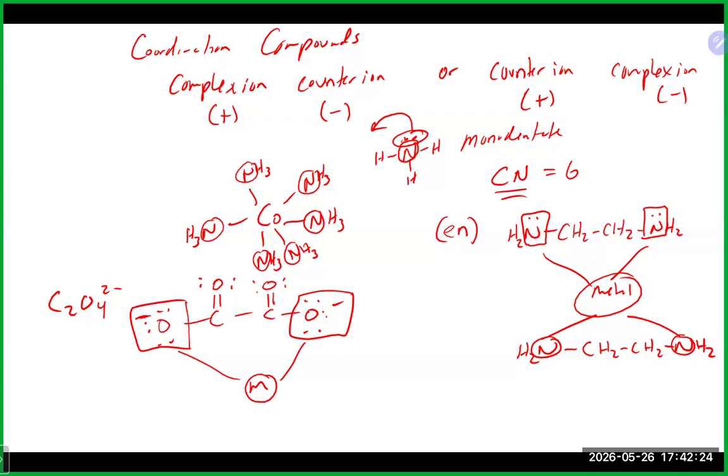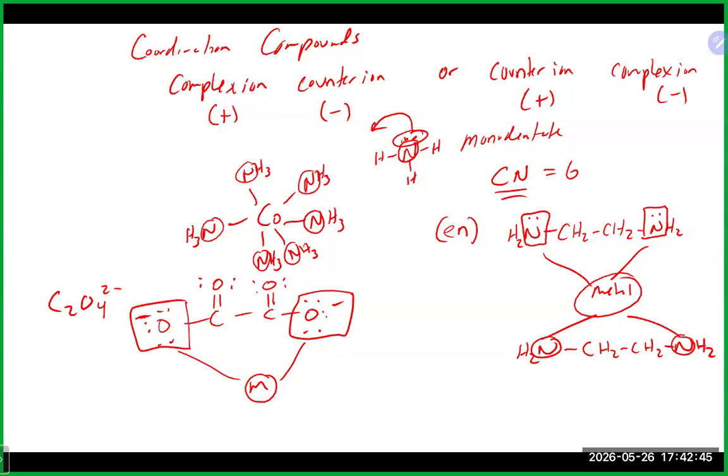So the coordination number is not always, as I mentioned before, the subscript for how many ligands you have. It also depends on the type of ligand, whether it's monodentate, bidentate, or polydentate. Now we got into some naming, and there are some interesting rules.